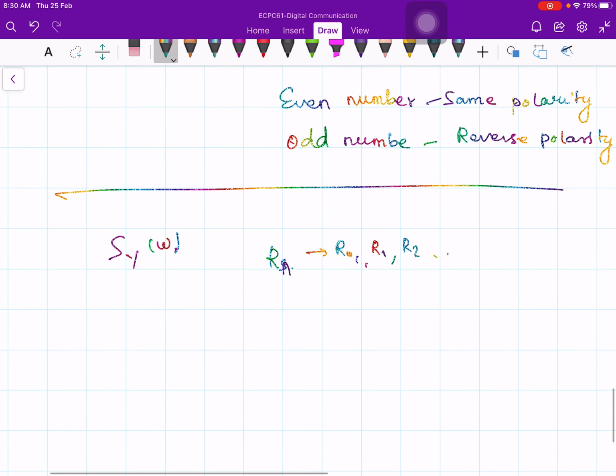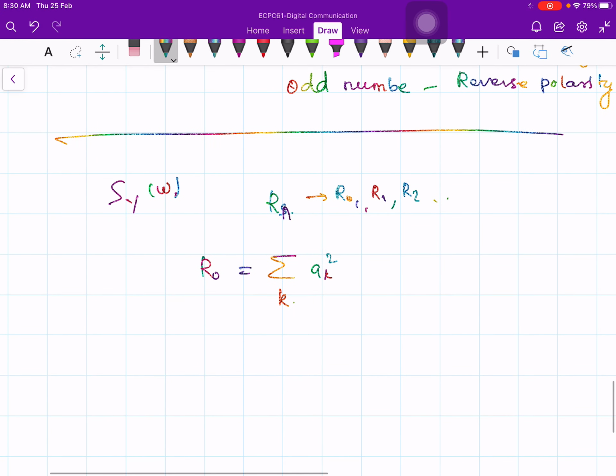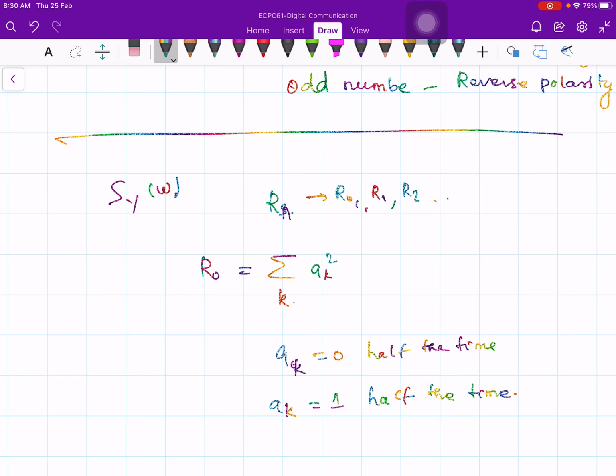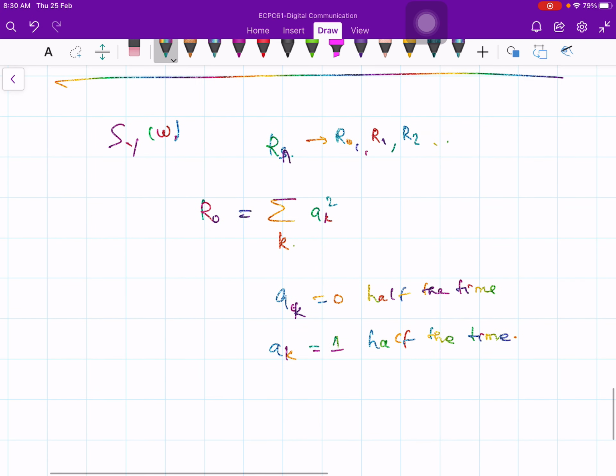Now if you recall, this R0 will be determined by the summation of a k squared over k. And as I said, a k is equal to 0 for half the time and a k is 1 for half the time. That means they are equally likely, they have equal probability.